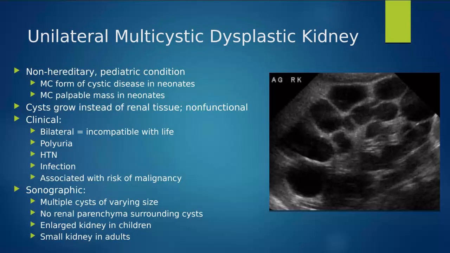So now we are getting into where the abdomen registry gets really hard. Renal conditions and renal pathology make up a large percentage of your abdominal registry. They are all so closely related and they all sound so similar to each other.